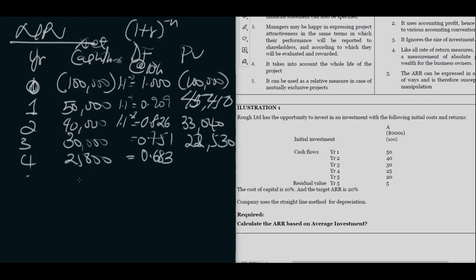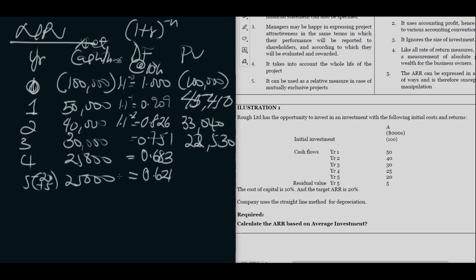And year 5, I have the same 25,000. You know it's 25 because you receive 20,000 plus scrap value of 5. Not so, just all income. So that one goes for 0.621.